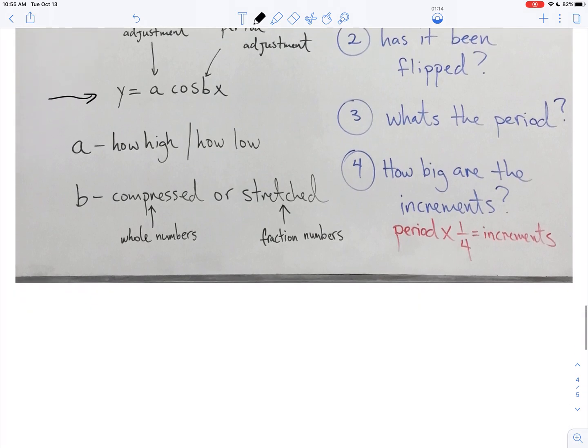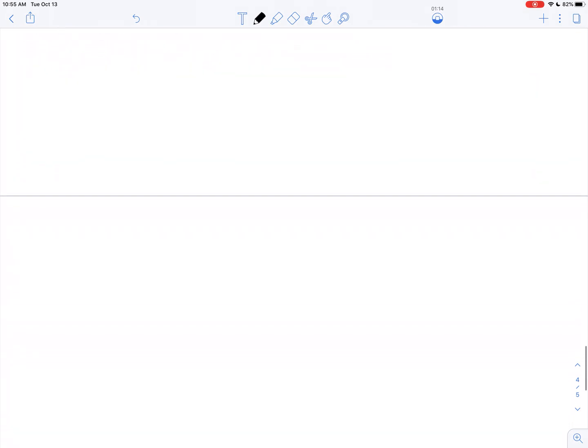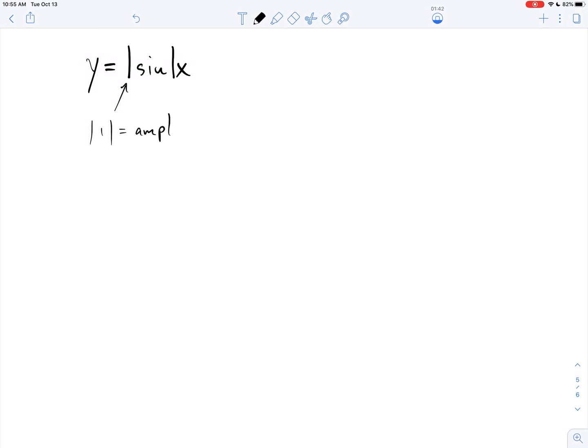Let's begin. I'm going to start by graphing just a regular old sine graph. So, y equals 1 sine 1x. Now, normally they don't write the ones in, neither will I, but I wanted you to see that my a value, if I take the absolute value of that number, is called my amplitude.